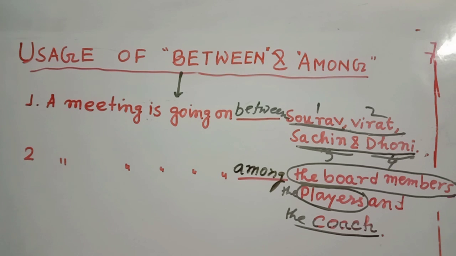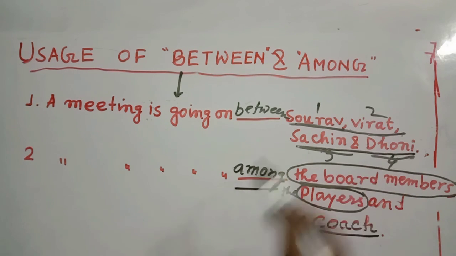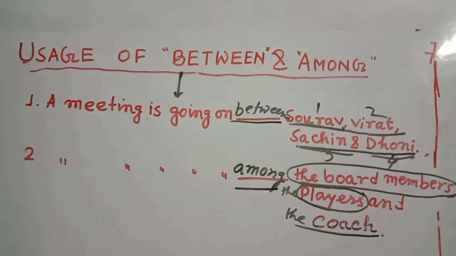So the fact is that, my dear friends, if the nouns are groups, we have to use among. If the nouns are individual or single, we have to use between. This is the actual rule.